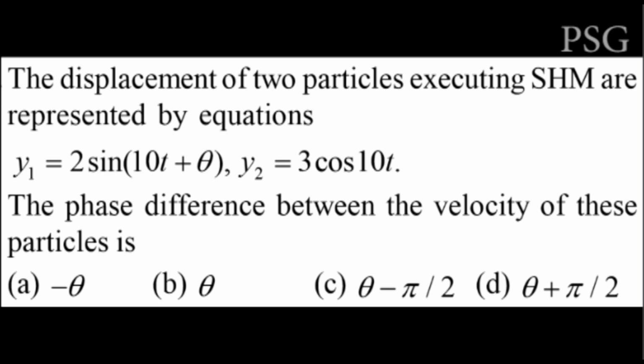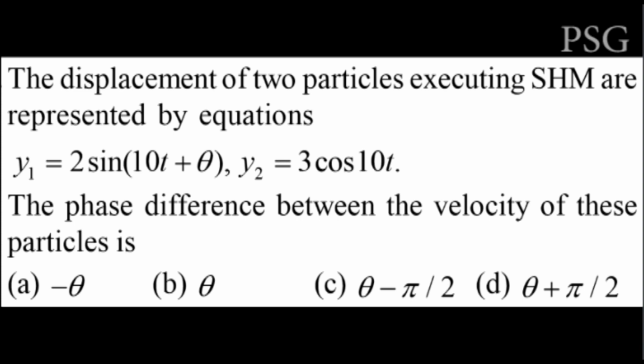The displacements of two particles executing simple harmonic motion are represented by the equations y1 equals 2 sine (10t plus theta), y2 equals 3 cos 10t. What is the phase difference between the velocities of these two particles?